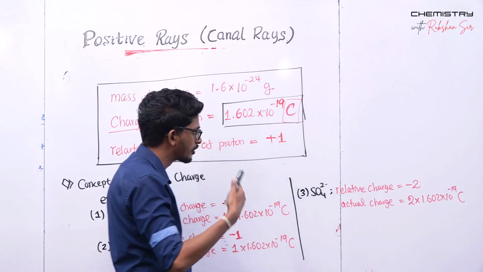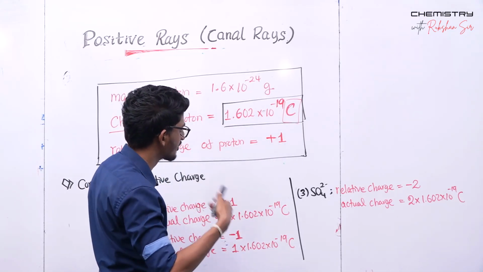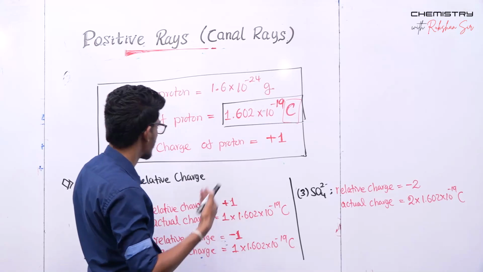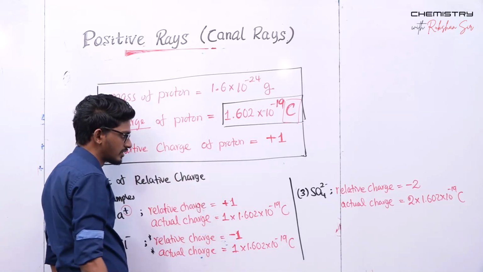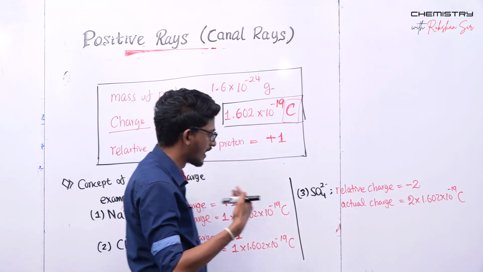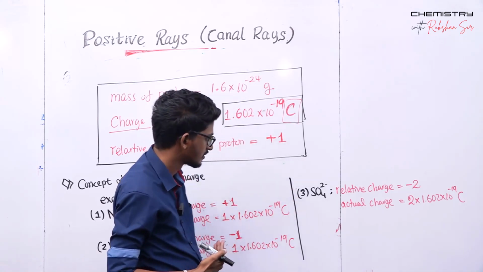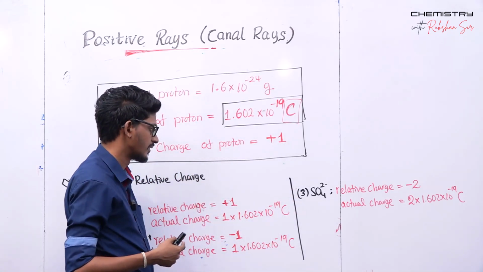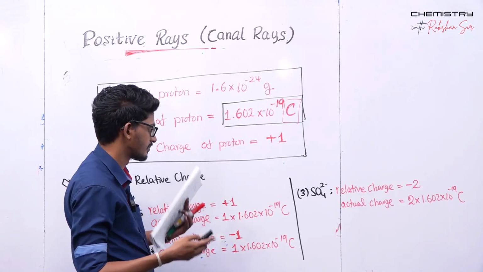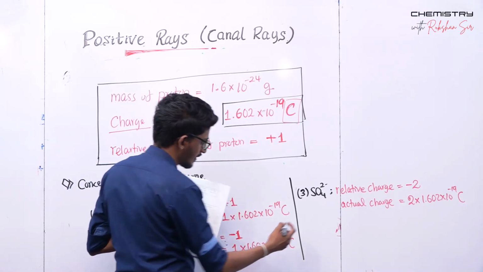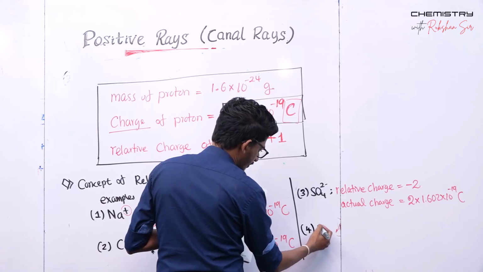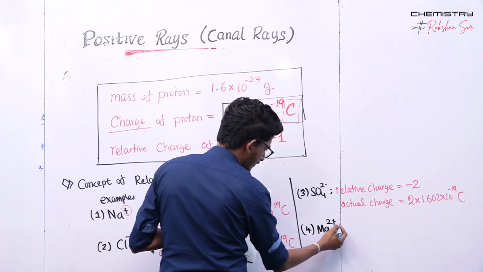It is the charge relative to the proton's charge. If the charge is opposite to the proton charge, it is minus. If the charge is the same as the proton charge, same sign, it is plus. That is the idea. Let's come up with another one, magnesium 2 plus.